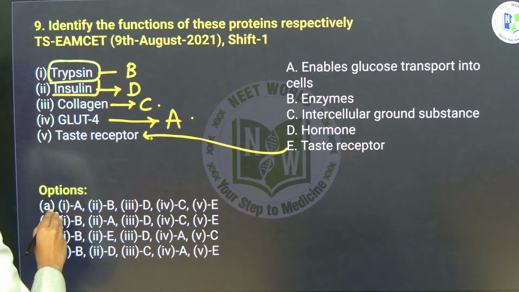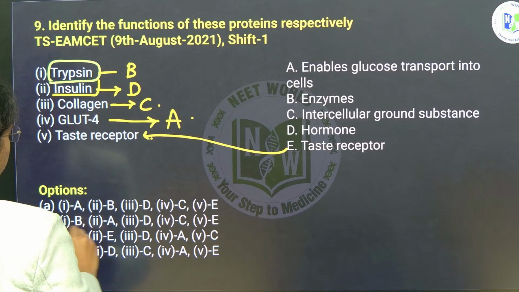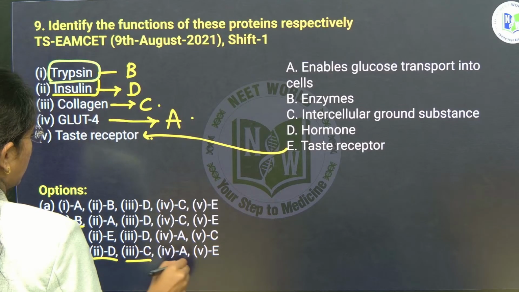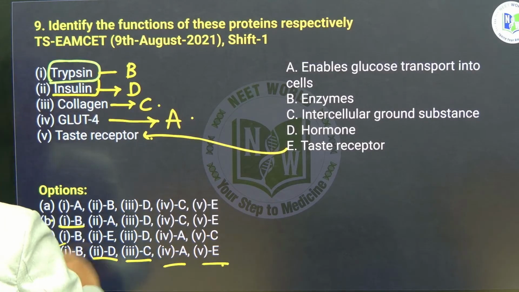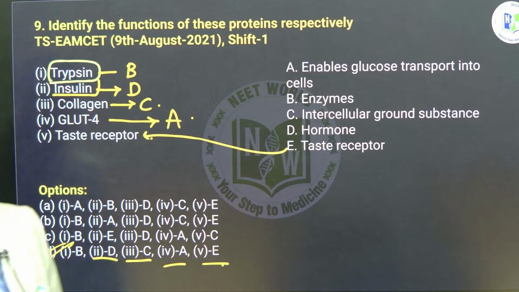So, here 1 is B, 2 will be D, C, A and E. Option D will be the right answer. Clear? Any doubts anywhere? Next.